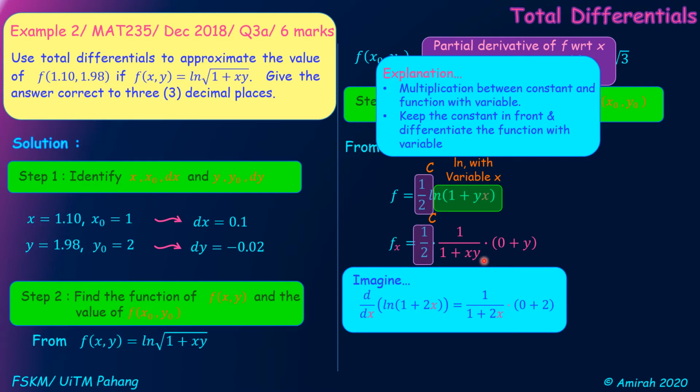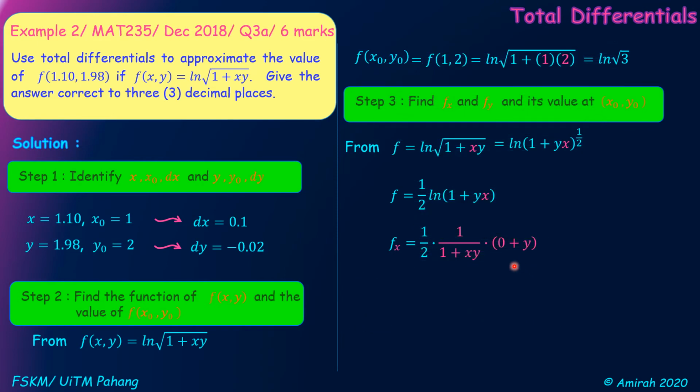Then times the derivative of the expression inside the ln, so we get 0 plus 2. The same goes here: we differentiate 1 and it becomes 0. Then we differentiate constant times x, so we get the constant. Imagining y equals 2, when we differentiate 2x we get 2. So when we differentiate yx, we get y.